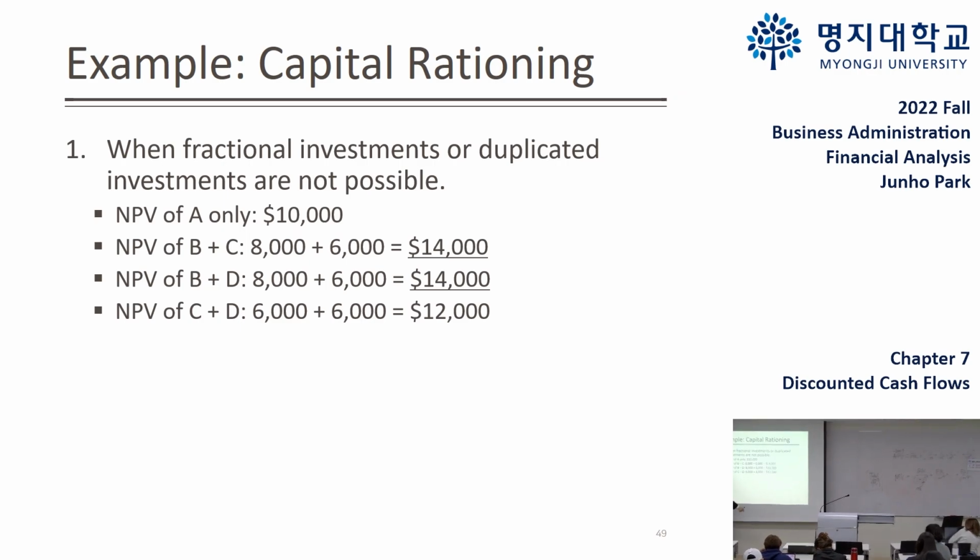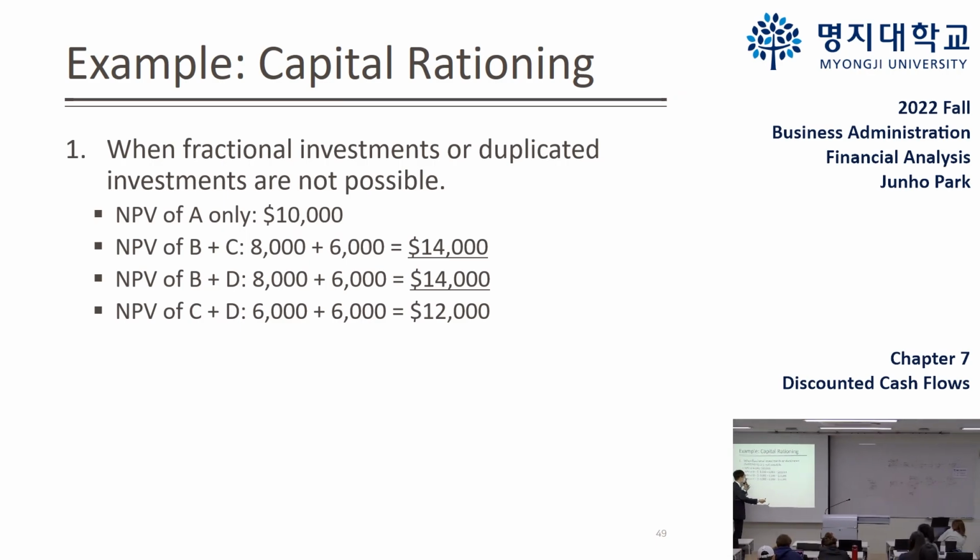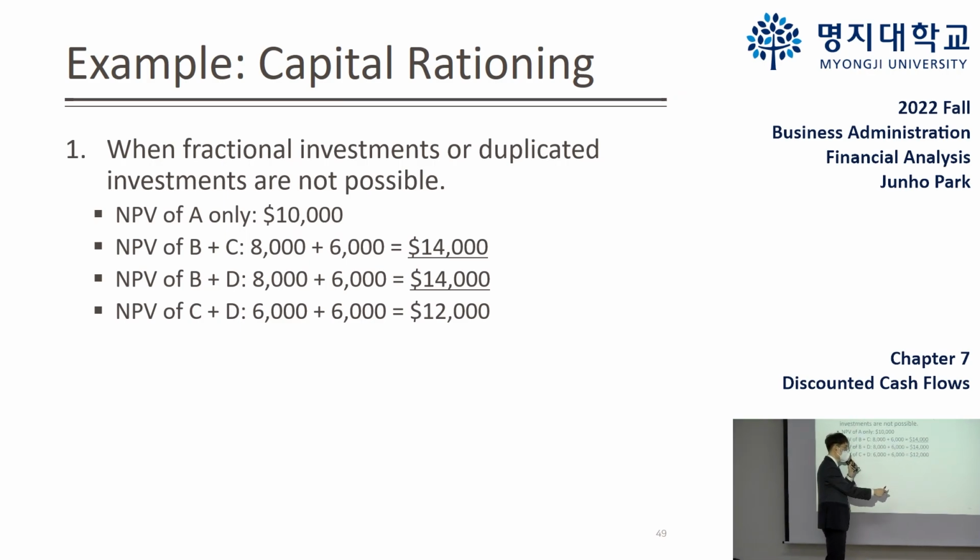If I only have A, I will get $10,000 as the net present value. However, it is lower than the next combination, because by choosing B and C together, I get the benefits from B and at the same time the benefits from C. So I have 8 plus 6, which means $14,000 as the net present value of this combination.